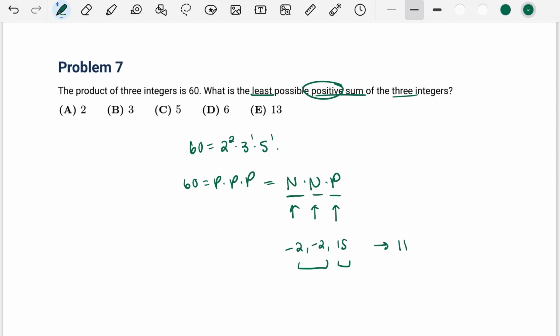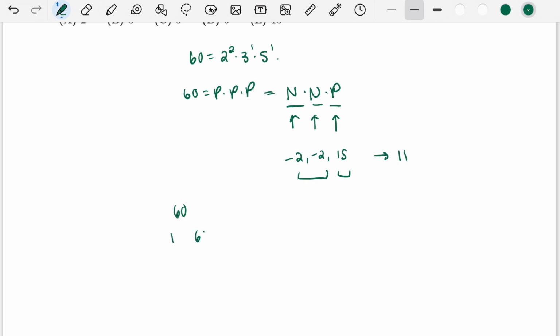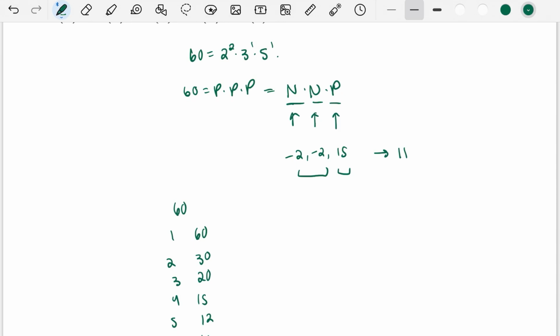So how is that possible? Well, we know we can write 60 as 1 and 60, as 2 and 30, 3 and 20, 4 and 15, 5 and 12, 6 and 10. And then after that, we'll get 10 and 6, but that's the same thing as what we've already listed.